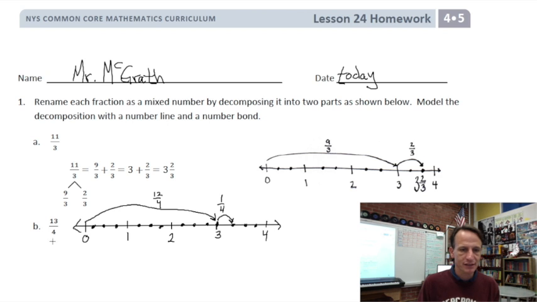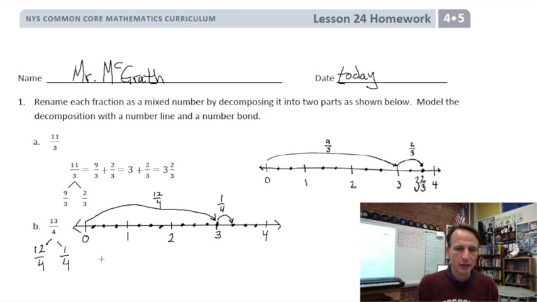So when we take this 13/4, I'm going to do the number bond right below it here. We sectioned out, we partitioned, we decompose 12/4 and 1/4. And we see why, because the 12/4 gives us 1, 2, 3 wholes.